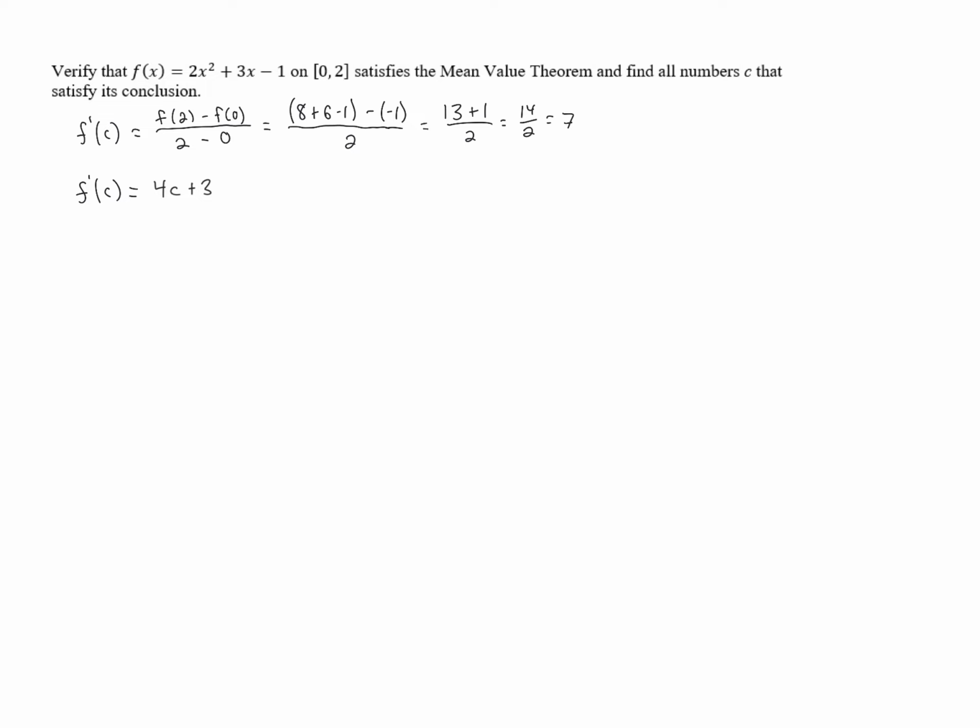And we know that this needs to equal 7. Well, if we subtract 3 from both sides, that gives us 4c equals 4, which is equivalent to c equals 1. So that is our value, and it is in the open interval from 0 to 2. That is the value that satisfies the mean value theorem. So we're good to go.